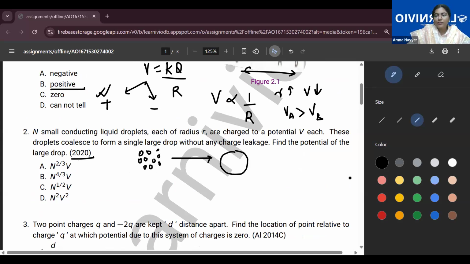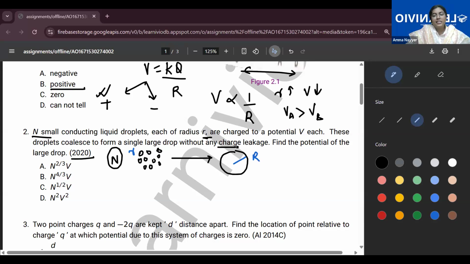Let's say the radius of each small drop is r, and the big one is capital R. The number of droplets is n, which is not given. These droplets coalesce to form a single large drop without any charge leakage.